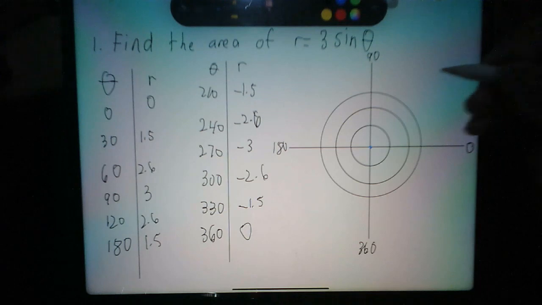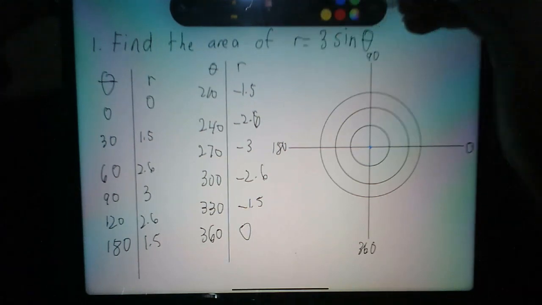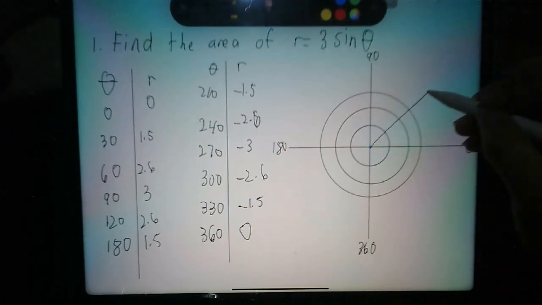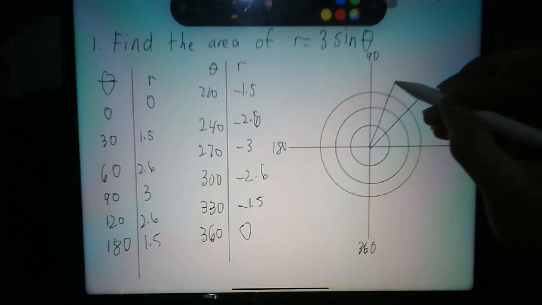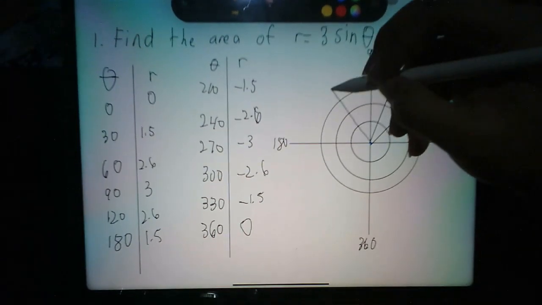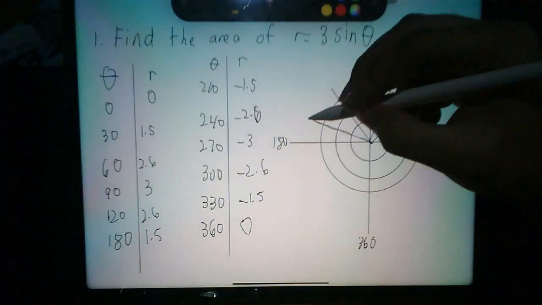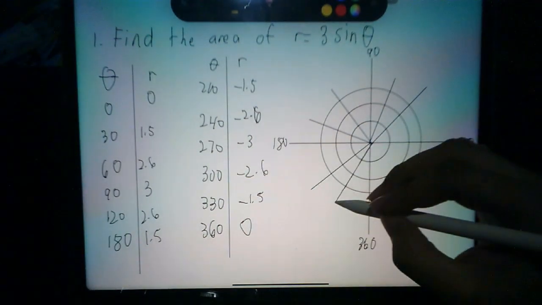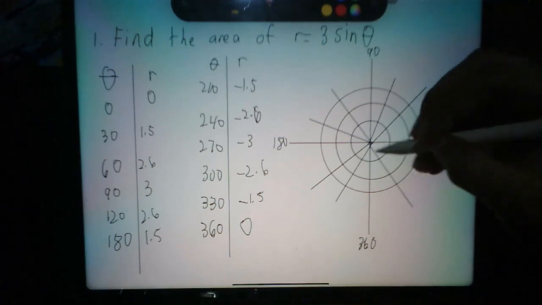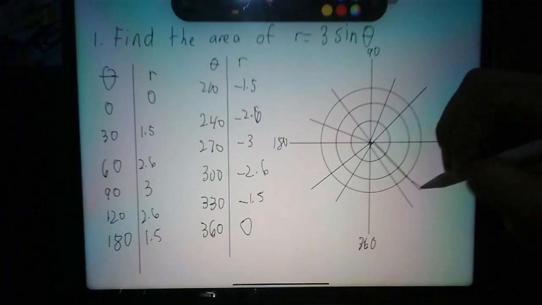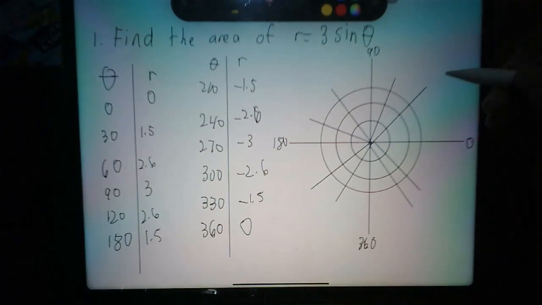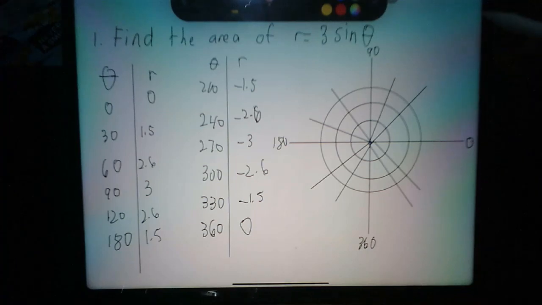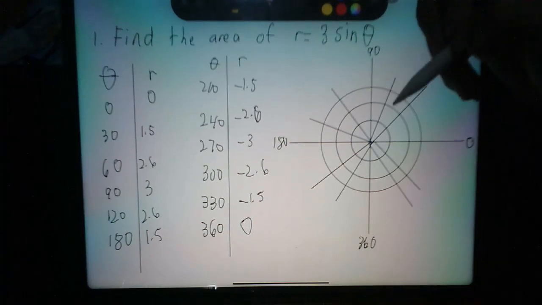So if 30, let's draw first each angle. It's not perfect, I'm sorry.